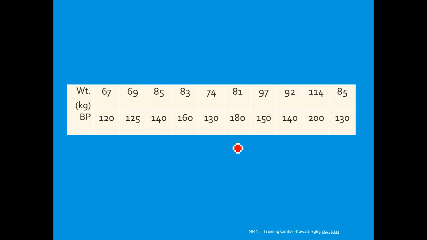So we have the data here. The data we have taken is the weight of people and their blood pressure. We took different individuals, took their weight, and measured their blood pressure, and this is the data we get from this exercise.